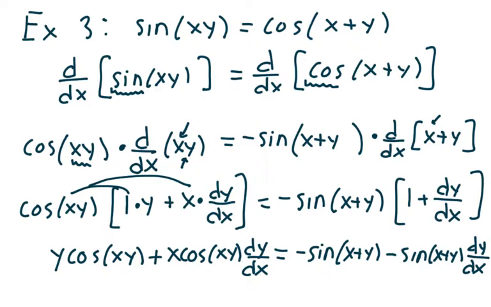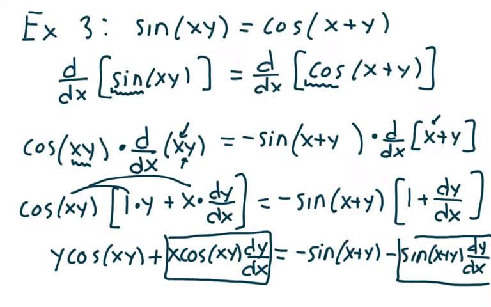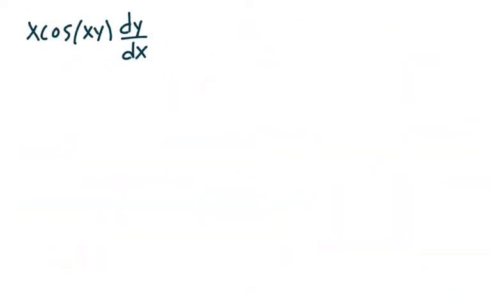Now, what I'm going to do is collect the terms that involve the dy/dx. So it's this one and this one. Okay? So I get x cosine of xy dy/dx plus sine of (x plus y) dy/dx. That's on the left side.